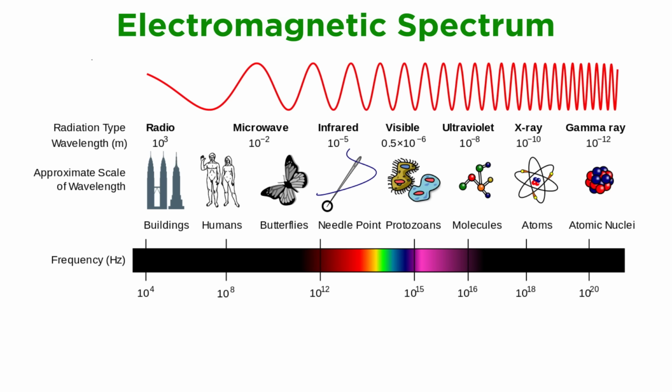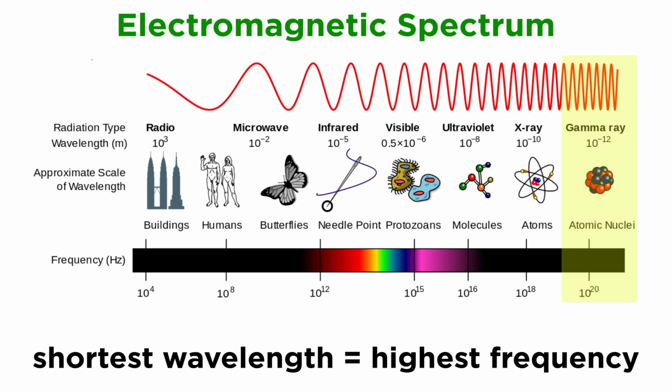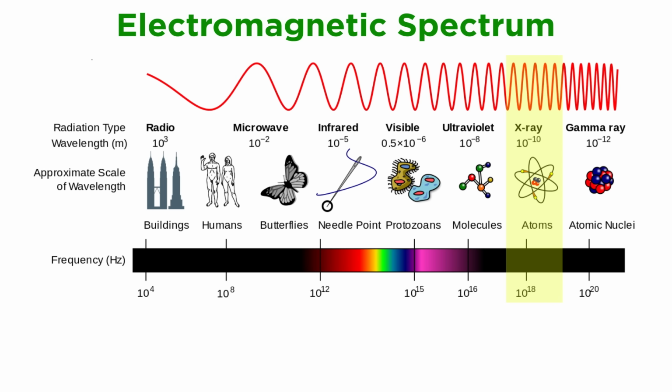Different frequencies of light induce different things, so let's look at the electromagnetic spectrum to get a sense of these different types of frequencies. Light with the shortest wavelength and therefore highest frequency is gamma rays. From there we have X-rays, ultraviolet or UV rays, visible light, infrared, microwaves, and radio waves.